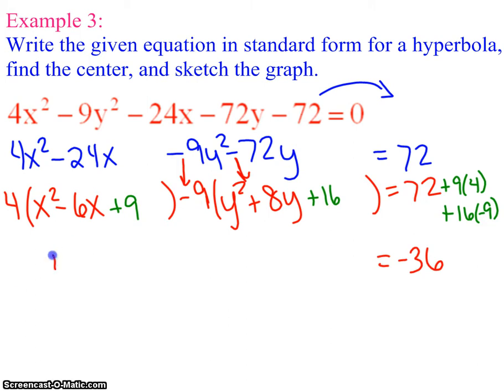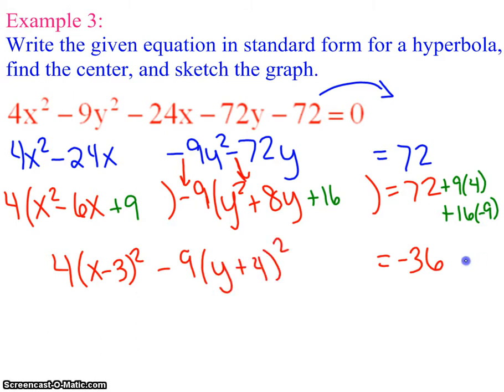And then your binomial square here is x minus 3 squared. Your binomial square here is y plus 4 squared. And then the very last thing you need to do, just like we did with the ellipse, is make this equal to 1. And by doing that, we divide, in this case, by negative 36.